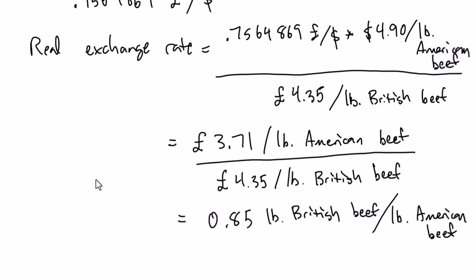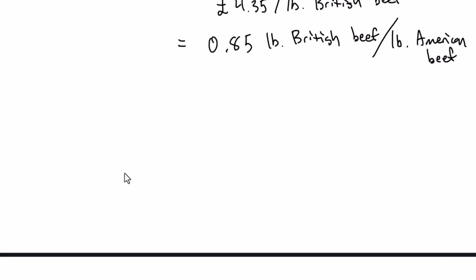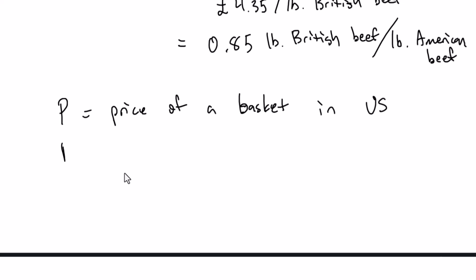We've actually already done this all the way back when we calculated CPI. We're going to generalize this to think of P as the price of a basket of goods in the United States, and P star as the price of that same basket in the UK.